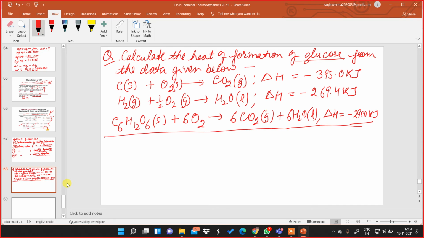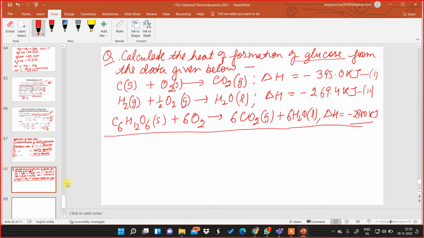So this equation is the combustion of glucose. So I think we can reverse this equation. If you reverse this equation and check whether they are balanced or not, this first equation you see is equation 1, this is equation 2. The first equation is carbon plus oxygen forming carbon dioxide.